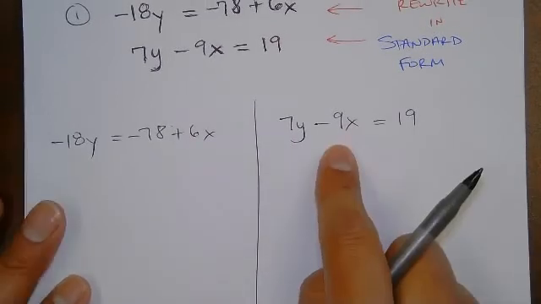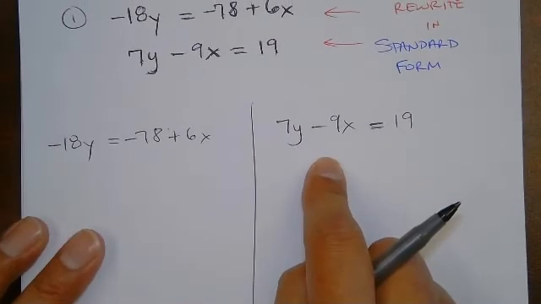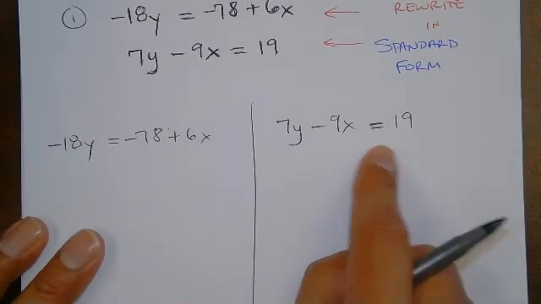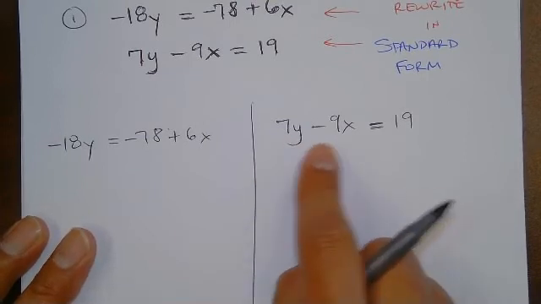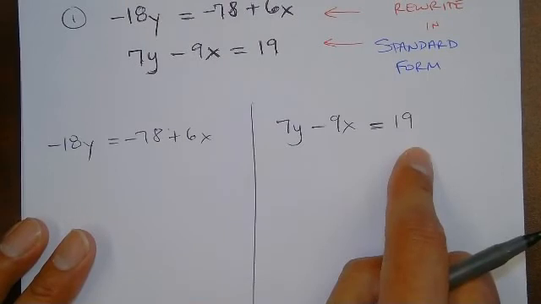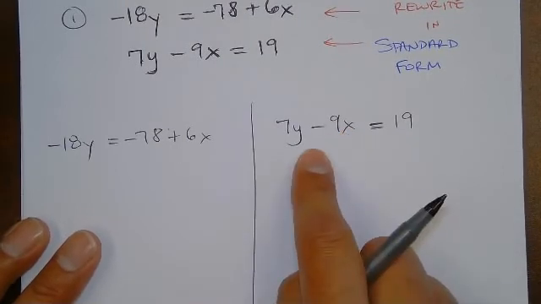This one's already in standard form just about, right? Why? Well, why is this one already in standard form almost? The x and the y are already alone on this one side, and the number's already on the other side, but yeah, let's just reorder this.